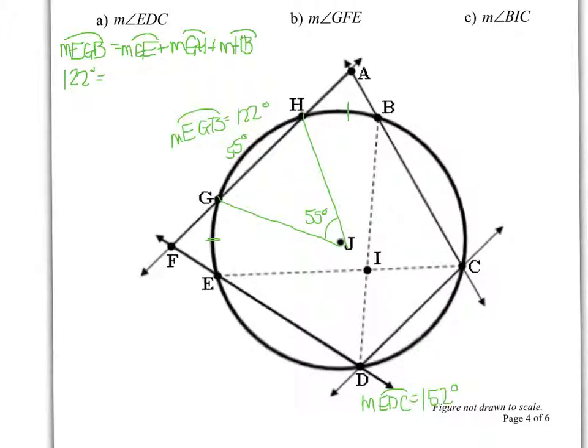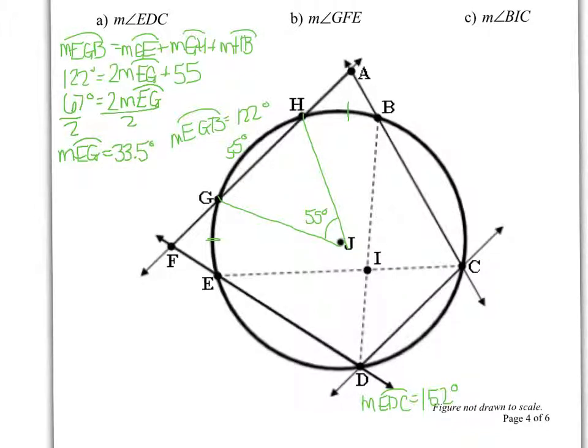Measure of arc EG and HB are congruent, so I'll take 2 times the measure of arc EG plus GH, which is 55. Then 122 degrees minus 55 degrees is 67 degrees. So divide both sides by 2, and the measure of arc EG is going to be 33.5 degrees. This means also that the measure of arc HB is also going to be 33.5 degrees. So this is 33.5 degrees, and this is 33.5 degrees.